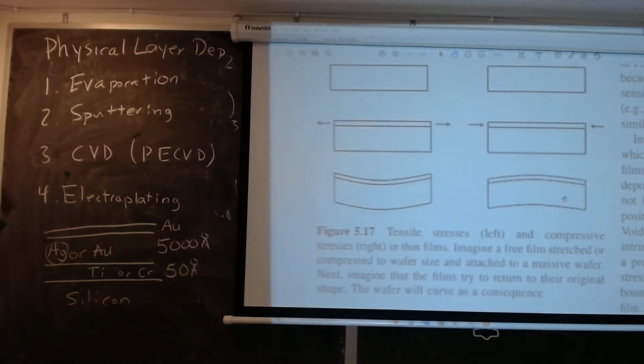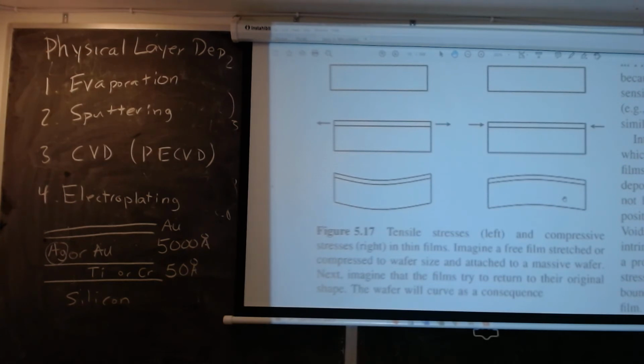But one way that it can happen is that you deposit the thin film at a very high temperature, let's say 400 degrees, and you then cool down the sample, and there's something called the coefficient of thermal expansion, which is basically how much materials expand when elevated in temperature.